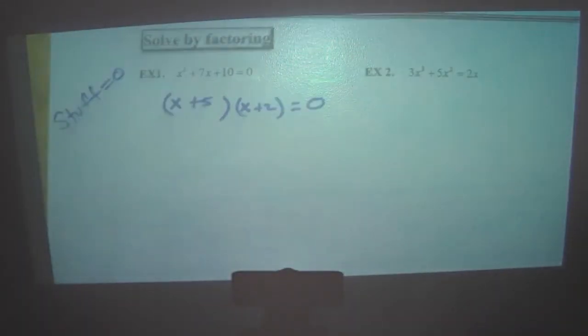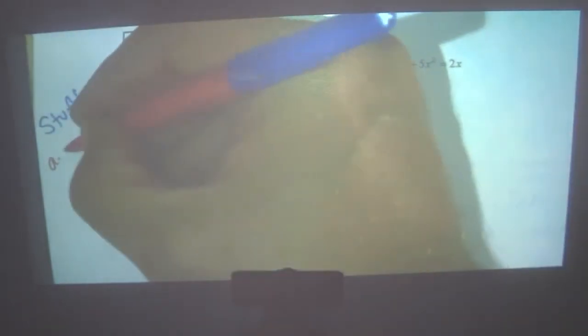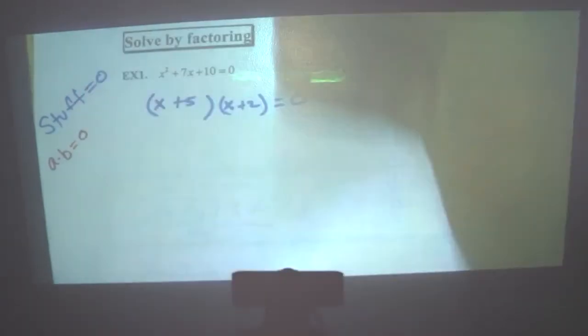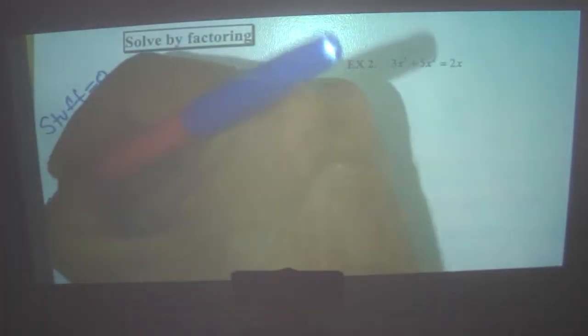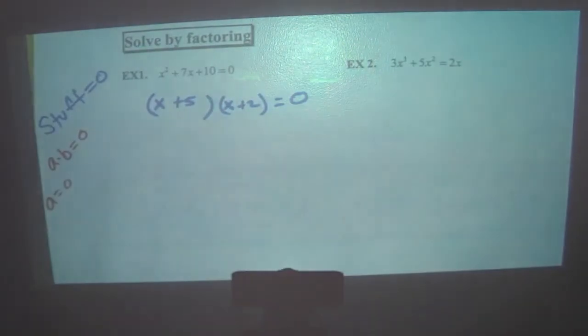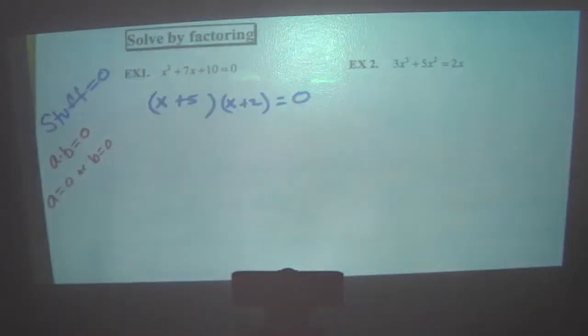Okay. So now we use the zero product property idea. The zero product property says if I have A times B equal to 0, then either A has to be 0 or B has to be 0. That's called the zero product property. So if I have two numbers multiplied together equal to 0, one has to be 0, right?